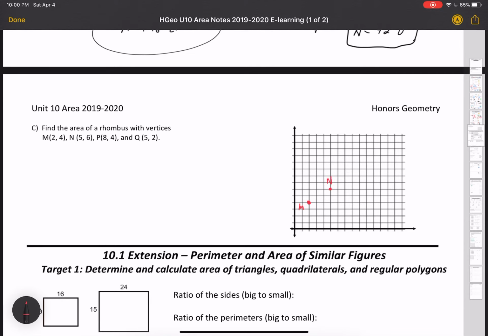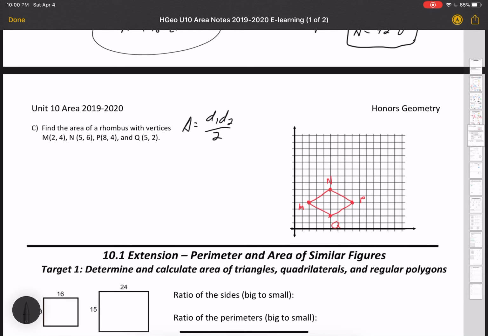That's N, P, and then Q. Okay. And I'm telling you that this is a rhombus, which helps because since I know it's a rhombus, I know the area formula that I want. It's going to be D1 times D2 divided by 2.